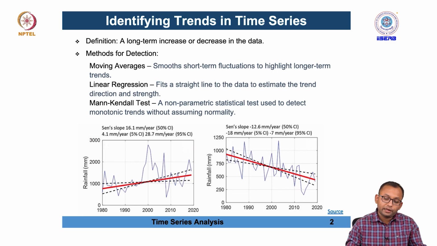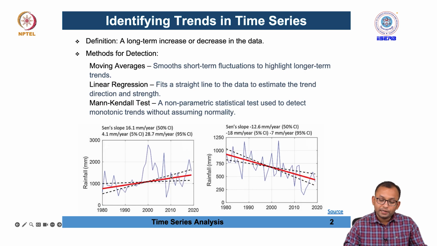For example, here you can look at these rainfall values, and we have applied some sort of Mann-Kendall test, and we found a linear line which can tell us whether there is any trend in the data set, what is the overall confidence interval in that trend, or let us say we have a continuously decreasing trend, whether the rainfall is continuously decreasing, like that.